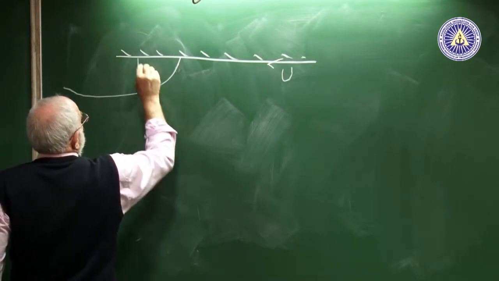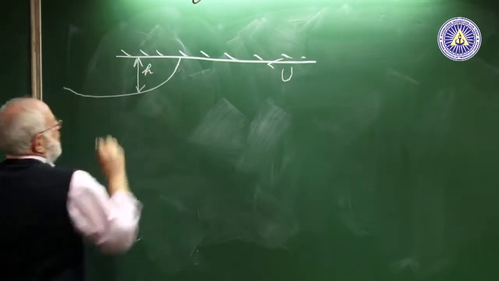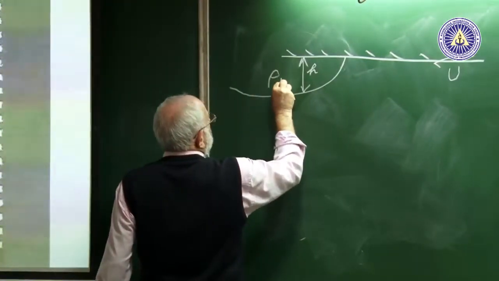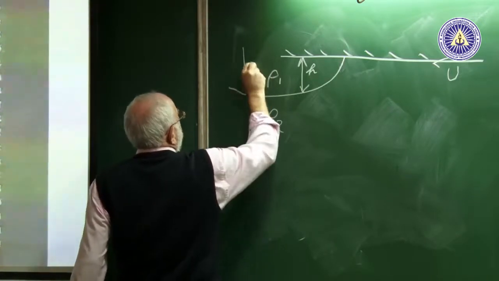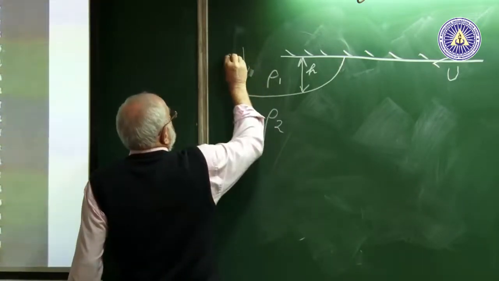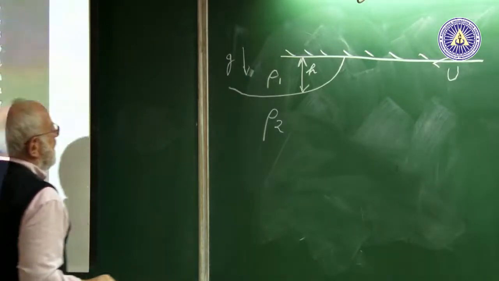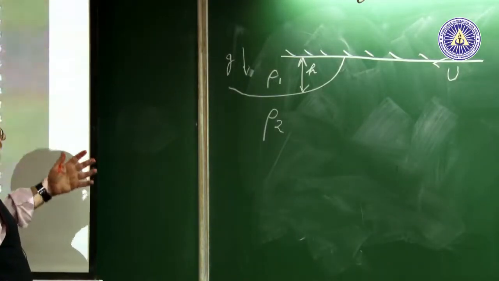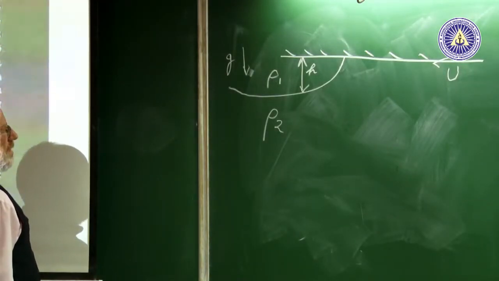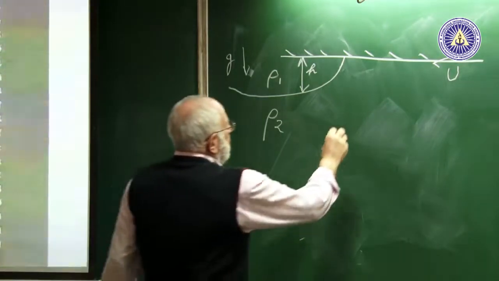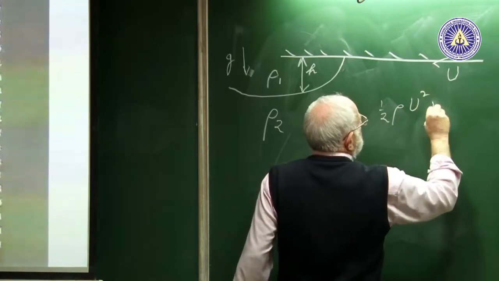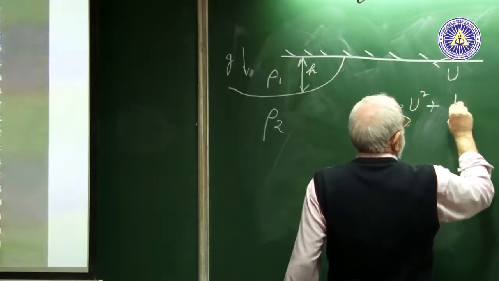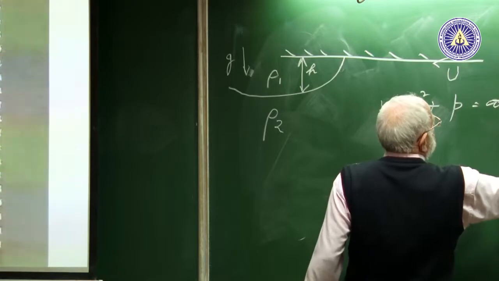We want to know what the height h of this is, given that this is density ρ1, this is density ρ2, gravity is of course down like that, and what will happen? And he said, well, I know there's Bernoulli's theorem, a half ρu² plus p is equal to a constant.